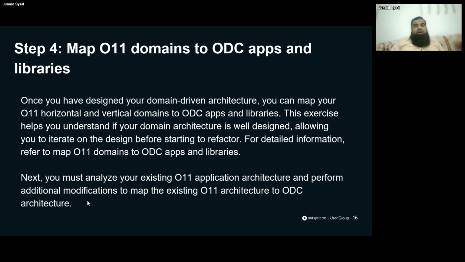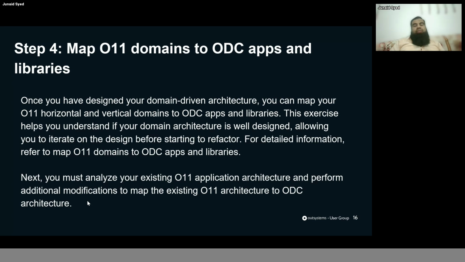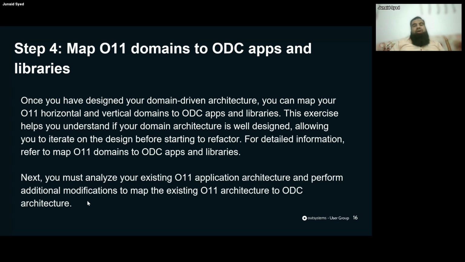So it's just modules and then the domains in O11. The mapping then has to happen between O11 domains and ODC applications and libraries eventually, because the modules concept does not exist in ODC. So when we map things between O11 and ODC, we actually map the domains.